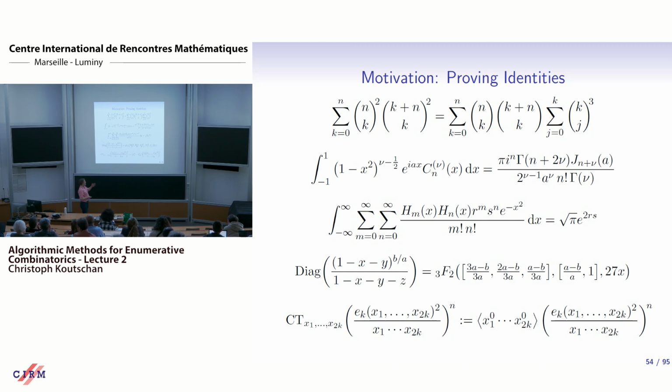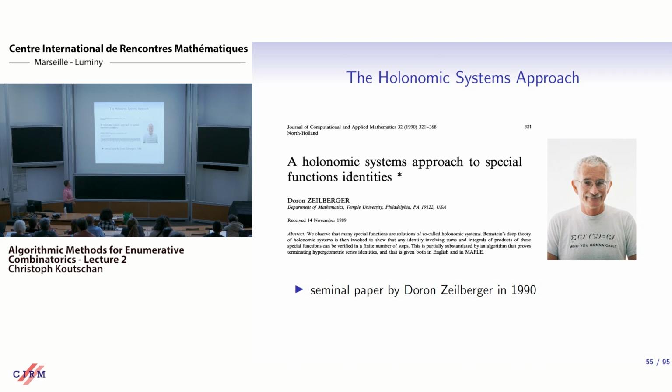And, okay. Yes, so this whole theory is based on a seminal paper by Doron Zeilberger that is called the Holonomic Systems Approach to Special Functions Identities from 1990, and this created really a big branch in computer algebra, and a lot of progress has been made since then, and a lot of useful things can be done with this theory.